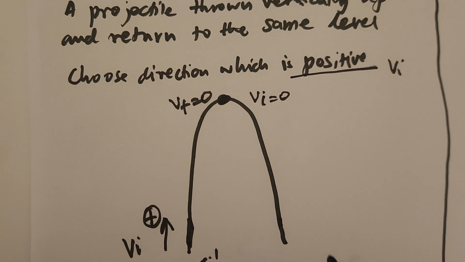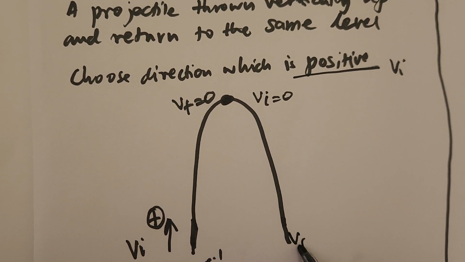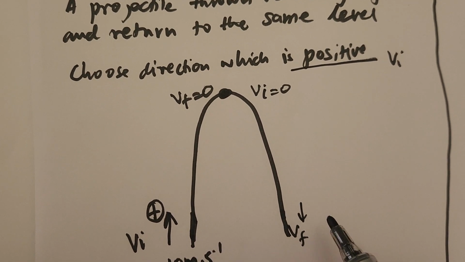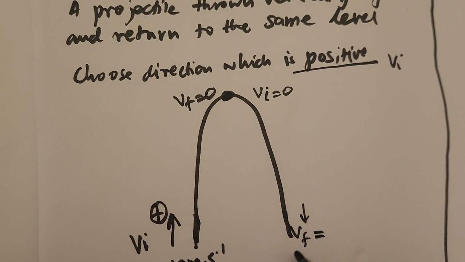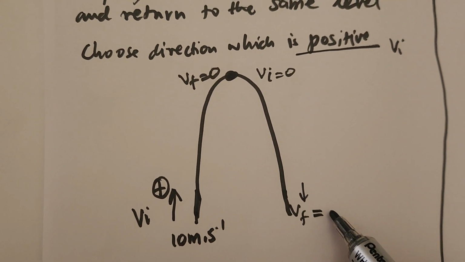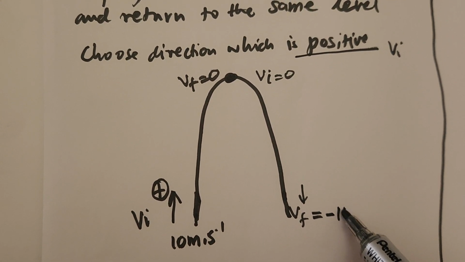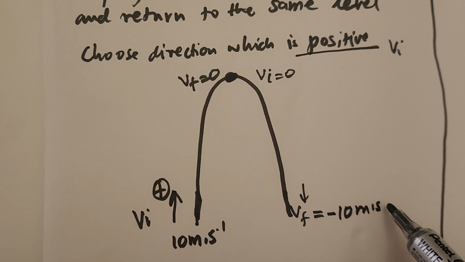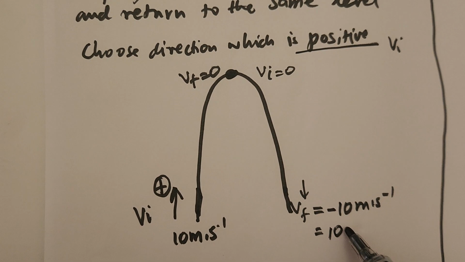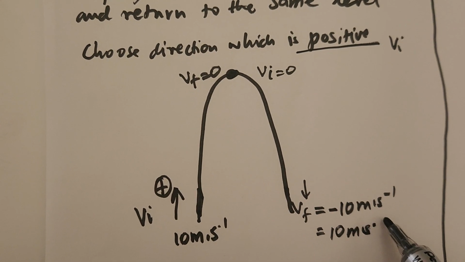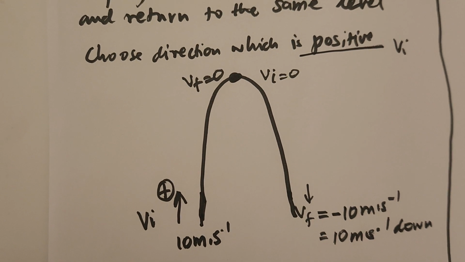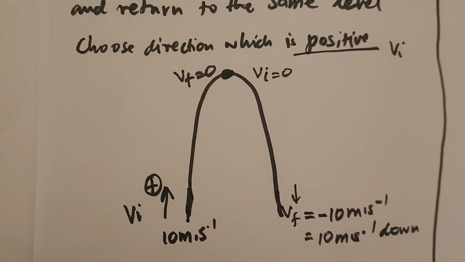The final velocity on its way down, before reaching the same level, will be equivalent to the initial velocity with which the ball was thrown upwards, which is negative 10 meters per second. If we interpret the 10 as upwards, then the negative means downwards. That is how it pans out in this one.